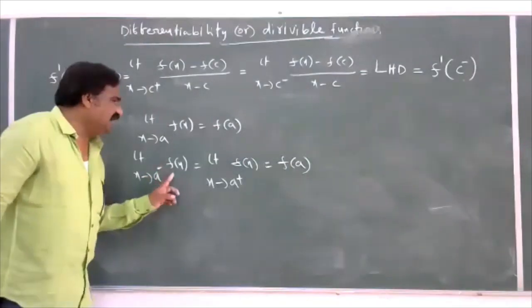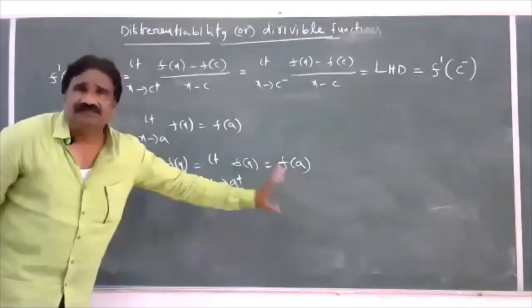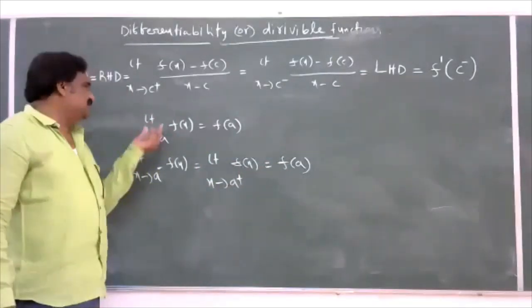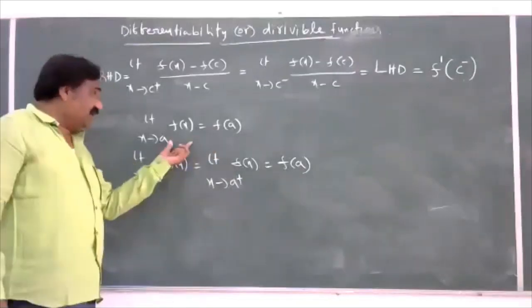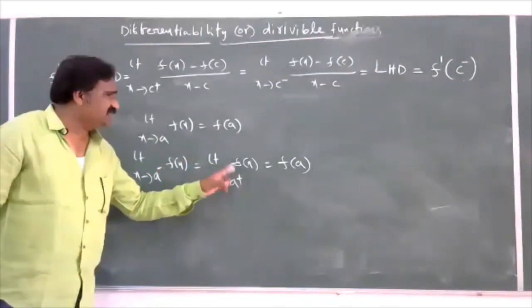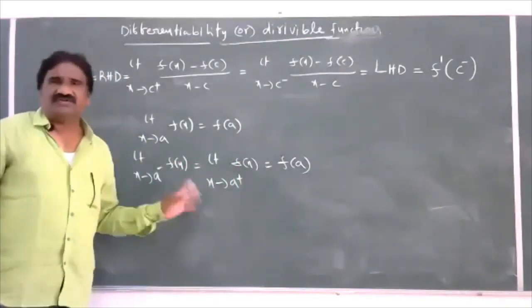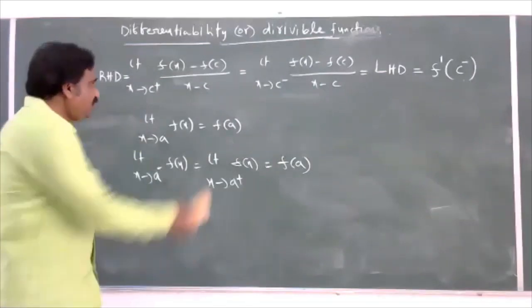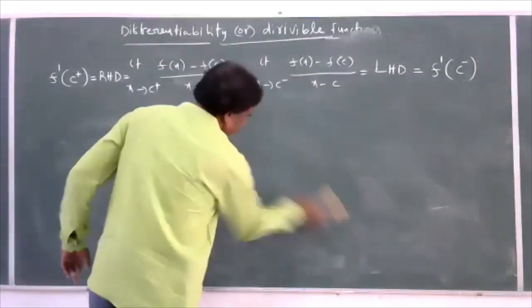So the left hand limit is equal to the right hand limit is equal to the function value. Then we say that f of x is continuous at x is equal to a. Yes. Here I give a statement.